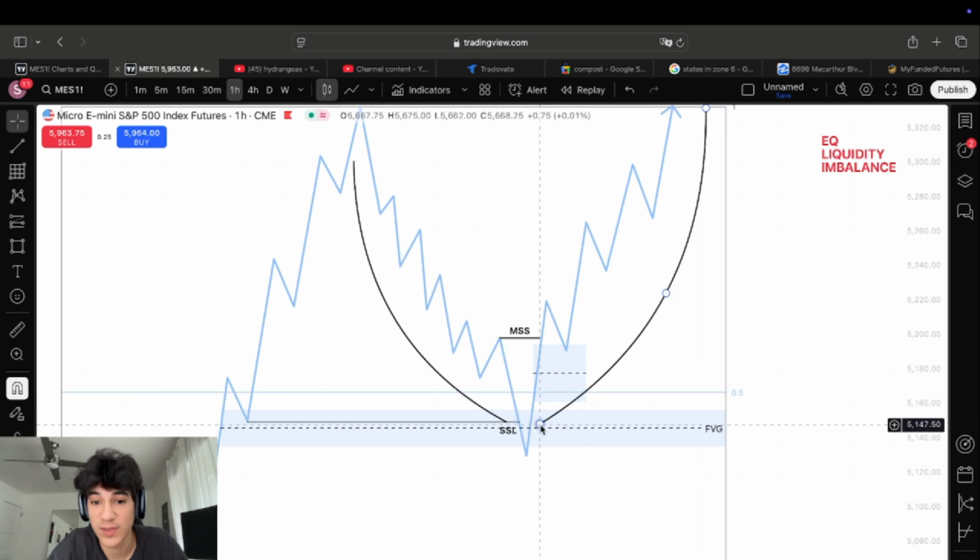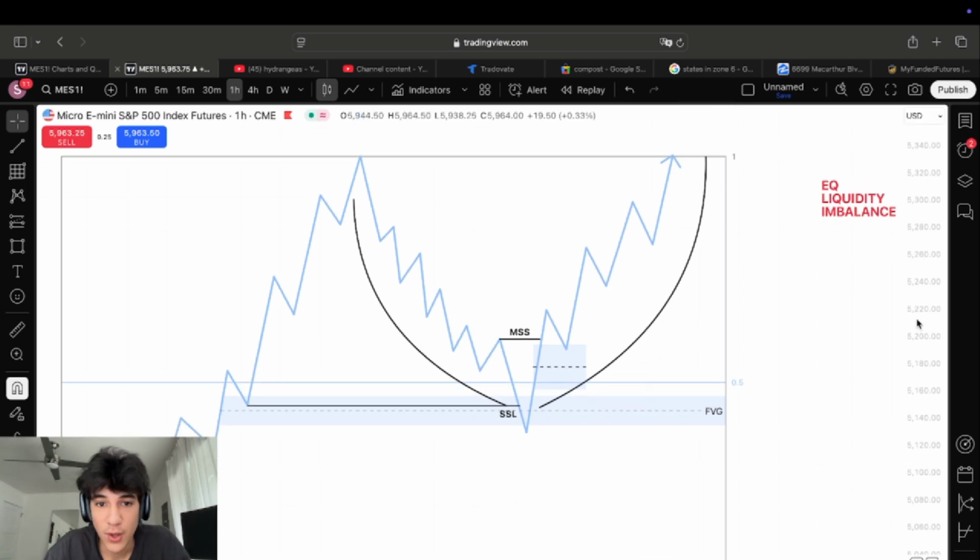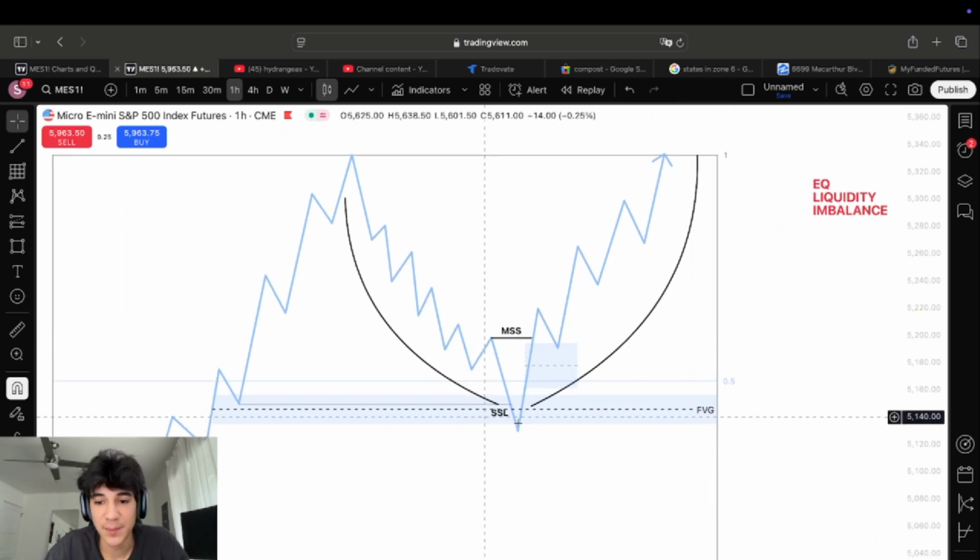So we see that we tap into the fair value gap, and literally it's the same thing. You can zoom in even lower and try to wait, but I'm not trying to teach you how to enter off of this. I'm just trying to teach you how to find this, and then you guys can form your own entries off of it. But we see here that we get a tap into the fair value gap, and it's respected.